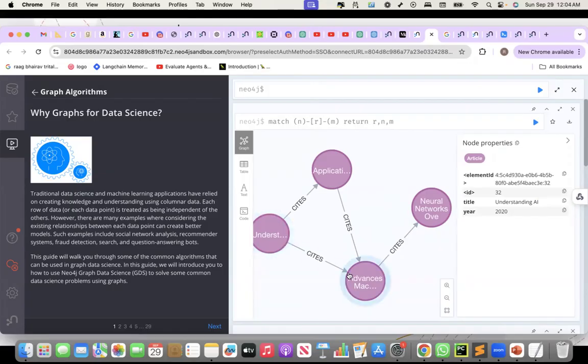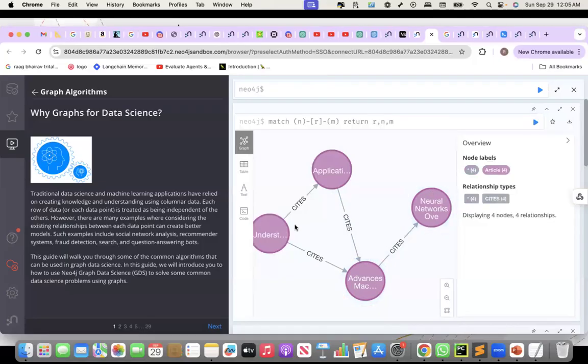But this one has a direct incoming from there, and there are two other nodes that also will have an influence on this one, right? So in case of article rank, the influence of higher order nodes is more.